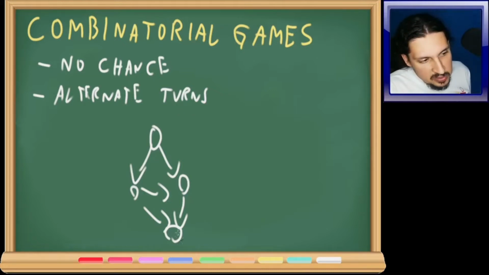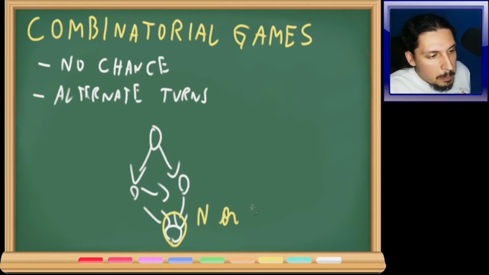Terminal positions will be labeled in a very simple way, with either N or P. This is standard terminology. If you read Winning Ways or Conway's paper or results in combinatorial game theory, these letters are the standard terminology.